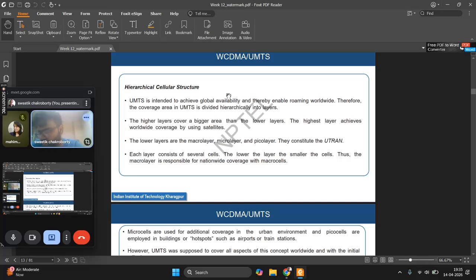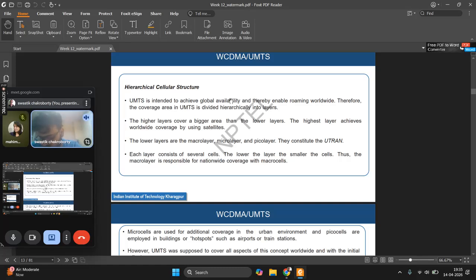So you can see that a base station will cover a small area, maybe a few acres, maybe 10 acres, 50 acres, like that. Whereas an RNC might take one block of a city, and the RNS may be covering an entire city or an entire region or even an entire state.